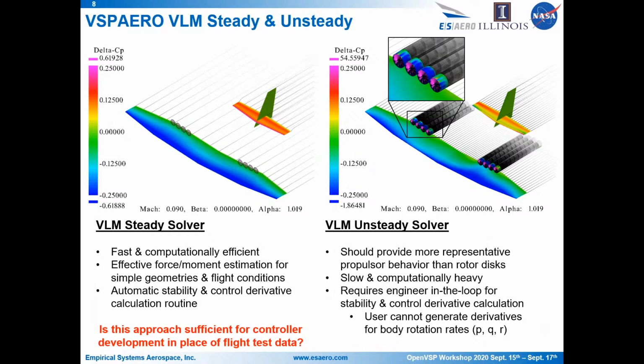However, we quickly found out, due to the very high RPM of the propulsors compared against the very low velocity of the aircraft, it became a very slow and computationally heavy process. And we also were required to do the manual linearization process across all states and control variables for our dynamics model using the Unsteady solver, because it's simply not built for that stability calculation subroutine.